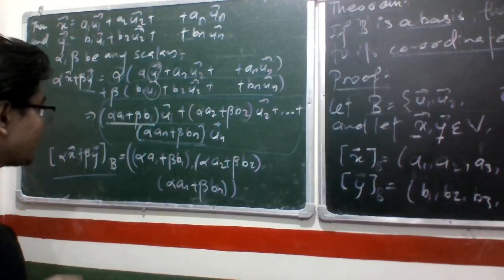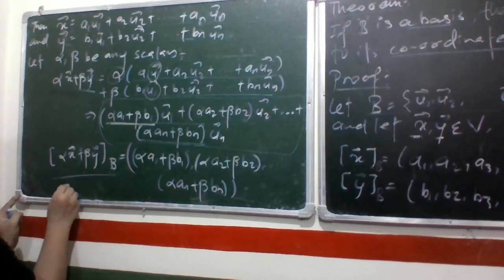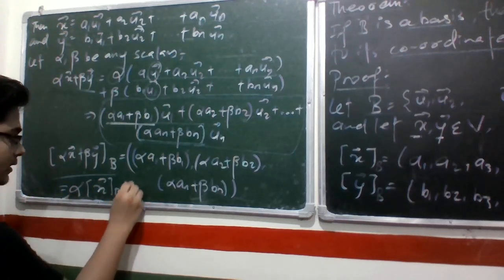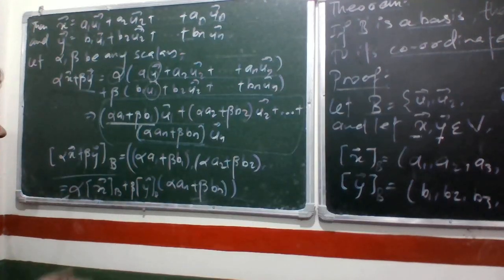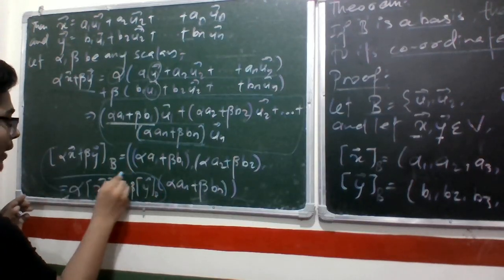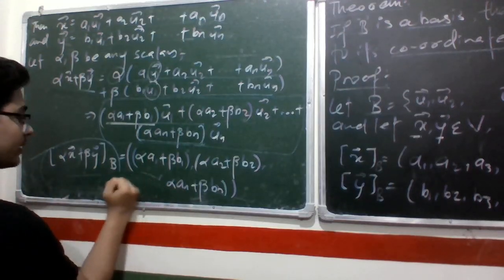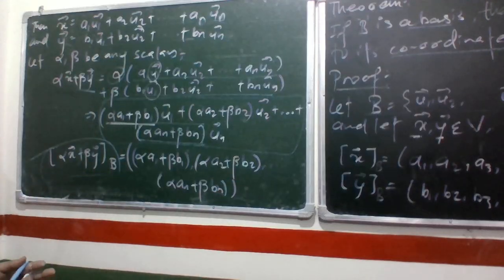Now, after finding this, our goal is to show that this is equal to alpha times xb plus beta times yb, right? To show that this is a linear mapping, we have to show this. For that, we can proceed in the following way.